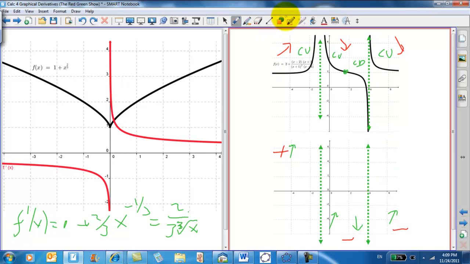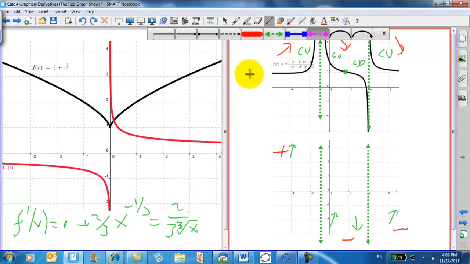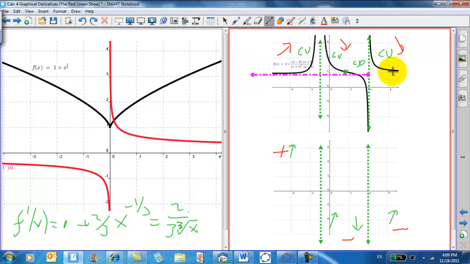And it looks like we've got a horizontal asymptote here as well. Let's get our horizontal asymptote in there at y equals 2, roughly. So that means we get a horizontal asymptote at 0 on the derivative. Let me just fix that one. Yeah, that looks like a horizontal asymptote now.